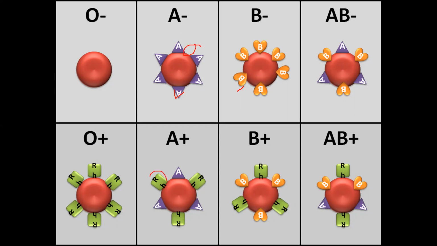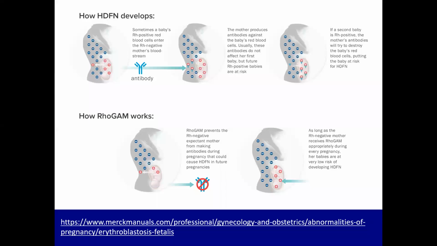If you do have the Rh factor, so you are A positive, B positive, or AB positive, or O positive, you have the Rh factor attached also as an antigen, right? So here's a really good example of how hemolytic disease of the newborn occurs. It's everything that I just talked about, right? But I thought you might like to see it in a more visual form.